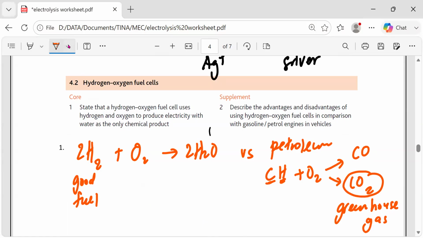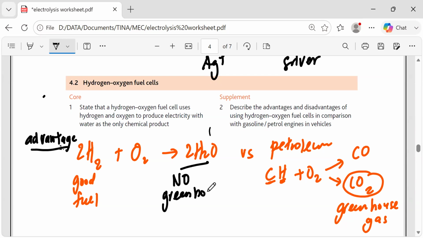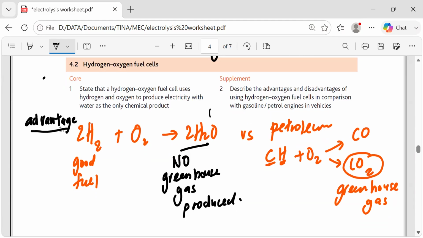Bad. So the advantage, they will always ask you the advantage, of having a hydrogen oxygen fuel cell is that no greenhouse gas is produced. You cannot say no pollution, you have to be specific. You can only say no greenhouse gas.